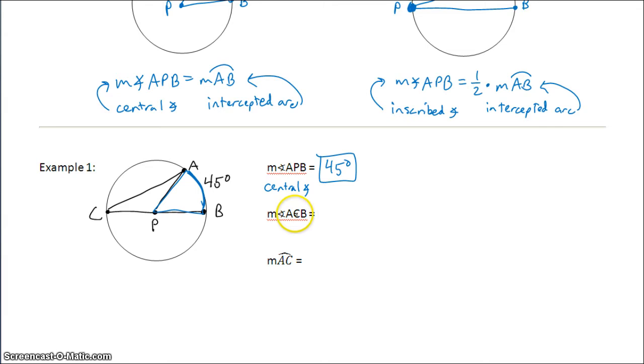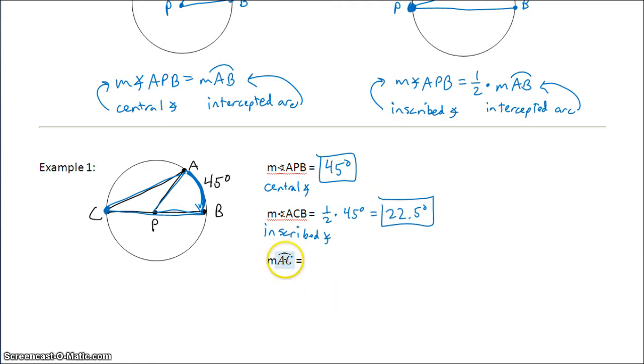If we look at angle ACB, A to C to B, the vertex of this angle is on the circle, so this is an inscribed angle. And the measure of an inscribed angle is 1/2 the intercepted arc. Well, the arc AB is still 45 degrees. So the measure of angle ACB is 1/2 of 45 degrees, which is 22.5 degrees.